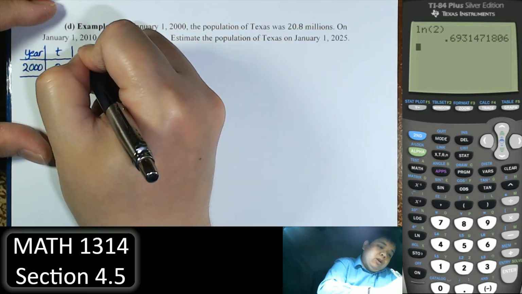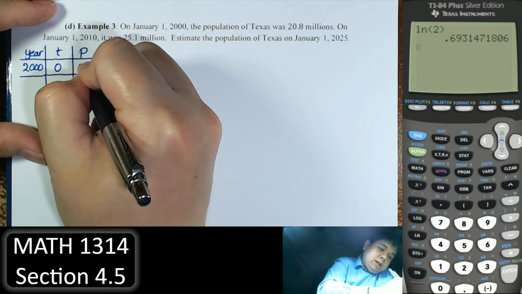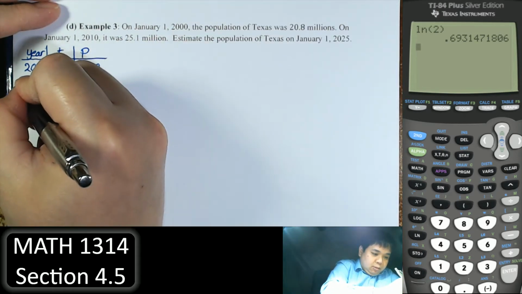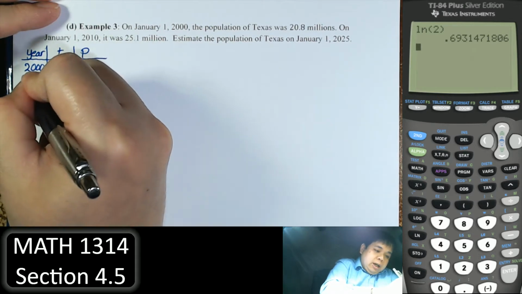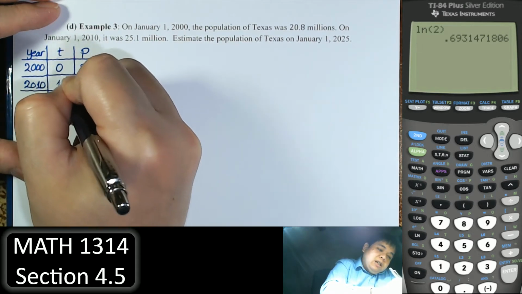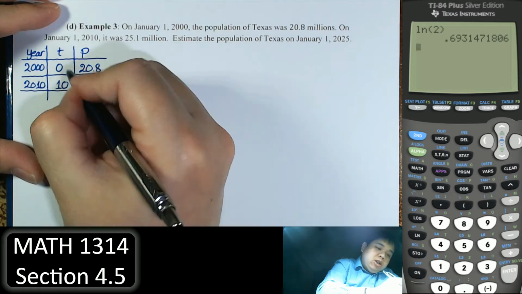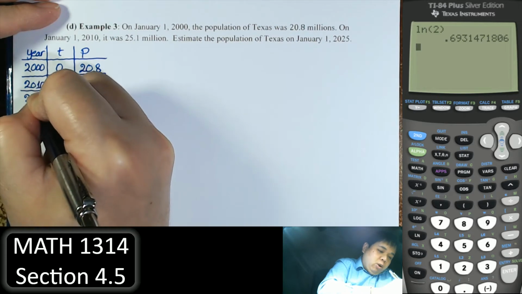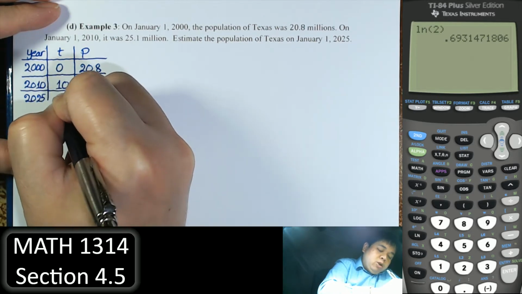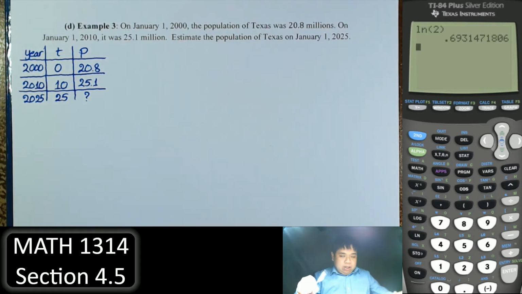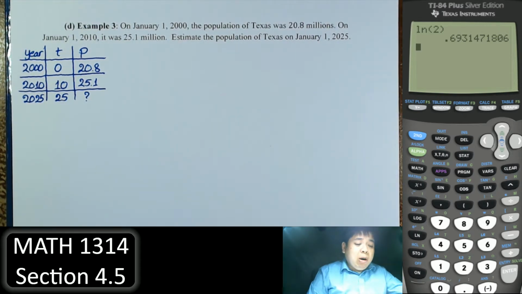The population was 20.8. In 2010, which means 10 years later, the population was 25.1. And in 2025, which means 25 years later, we don't know the population. So that is the summary of our problem.